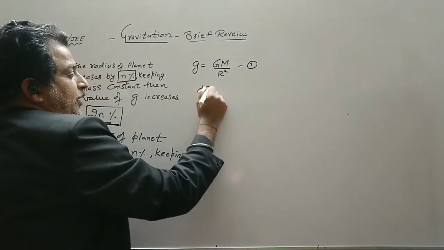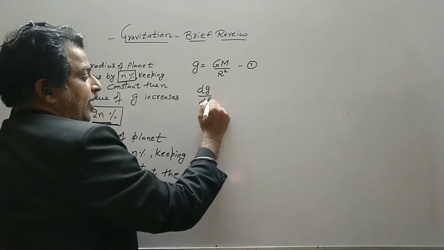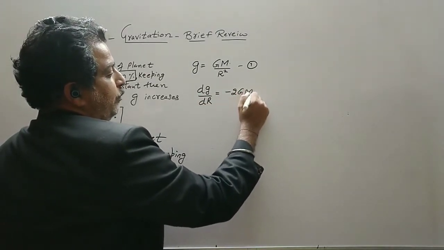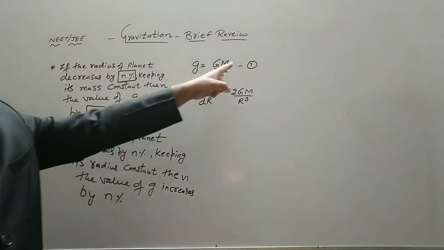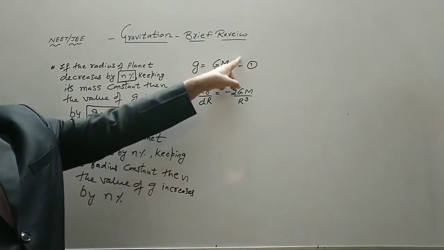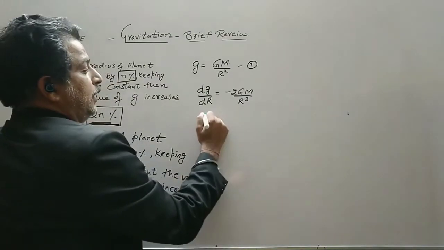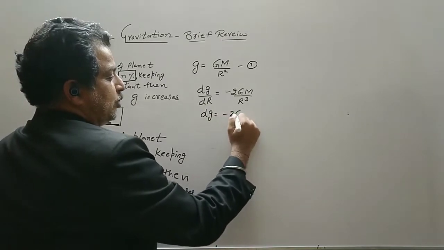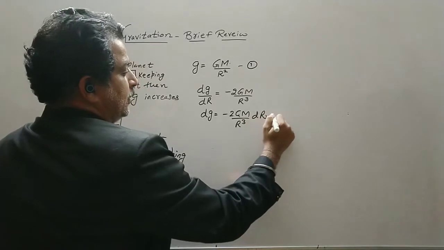So differentiating this equation, dg by dr becomes minus 2 GM upon r cube. That is, r square can be written as r raised to minus 2, and then we differentiate this equation. This is equation 1, and differentiating equation 1, this can be written as minus twice GM upon r cube dr. This is your equation 2.